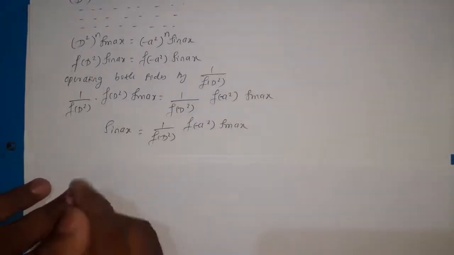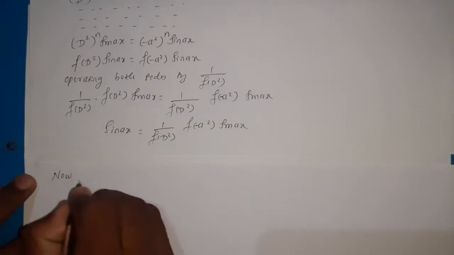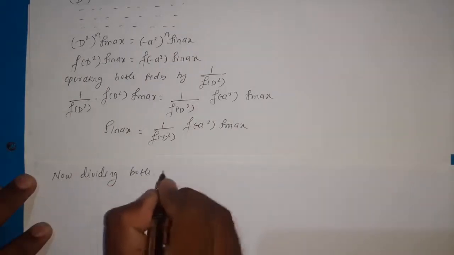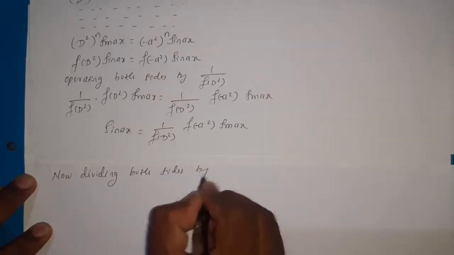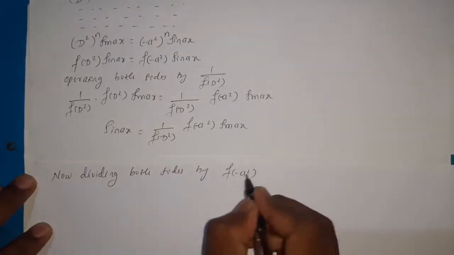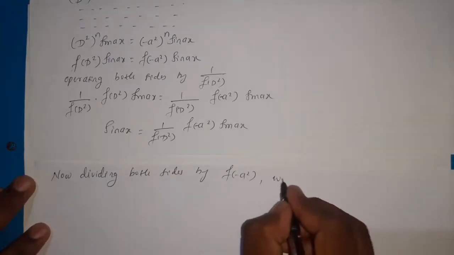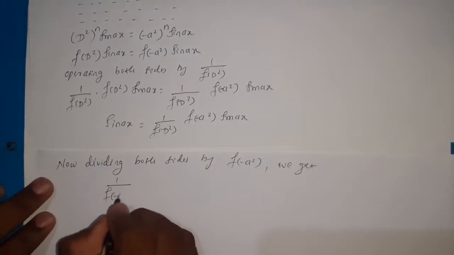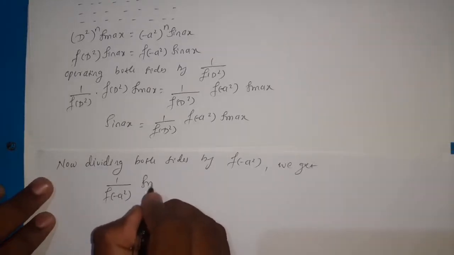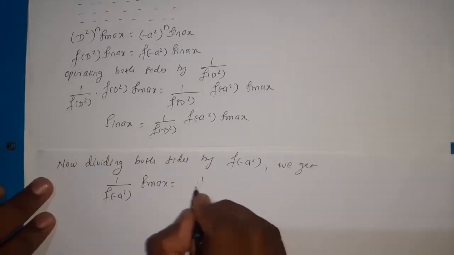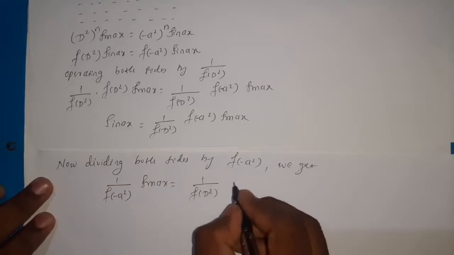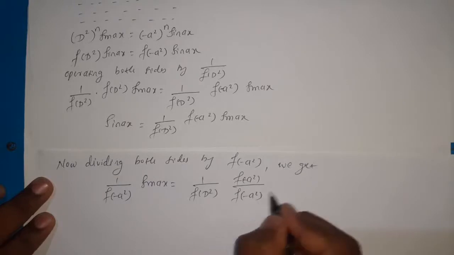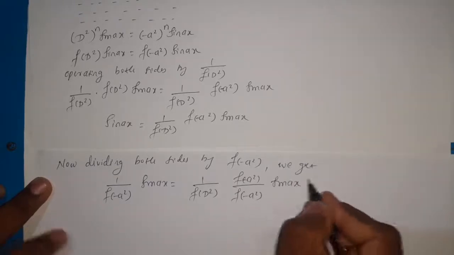Now dividing both sides by f of minus a square, we get 1 divided by f of minus a square sin ax equal to 1 by f of D square f of minus a square divided by f of minus a square sin ax.